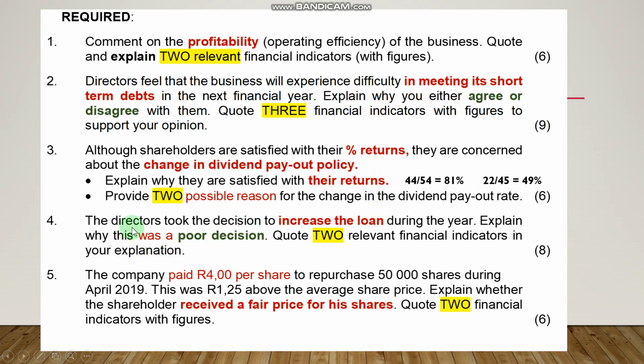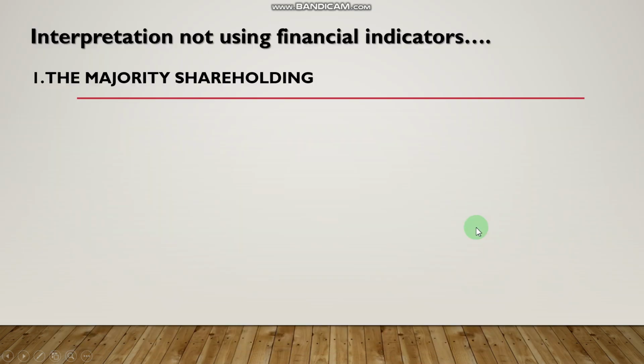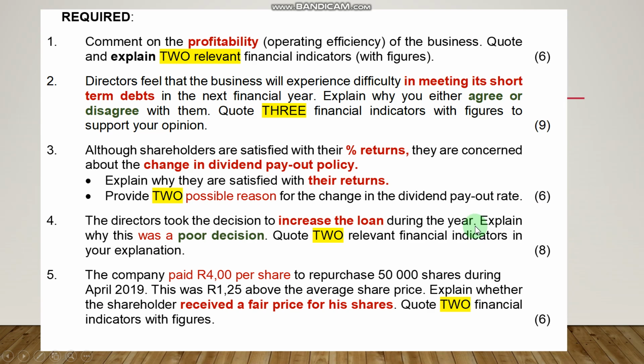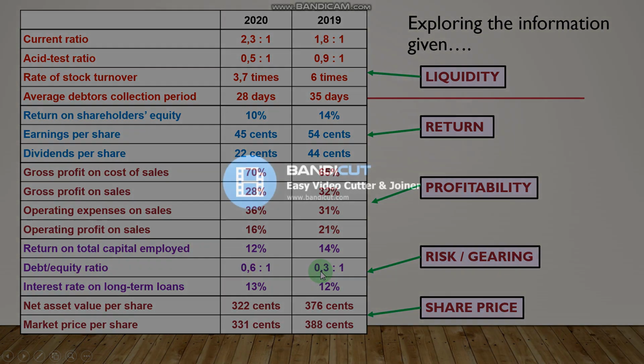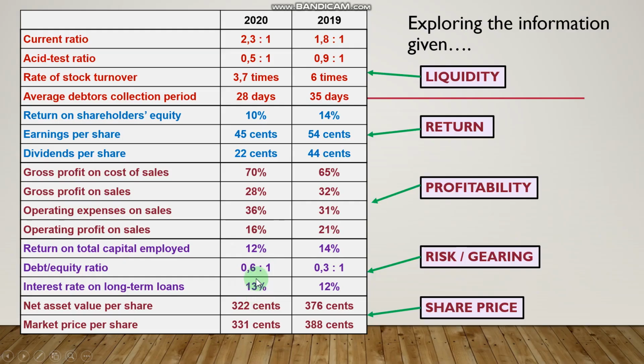Right, number 4, the directors took a decision to increase the loan. So I told you, when you see the word loan, you don't need to think any further. You go straight to the risk and gearing, and you're going to compare these 3 financial indicators that are given to you. You can see the debt equity, it was 0, and the interest rate, the interest that we are paying, which is 13%.